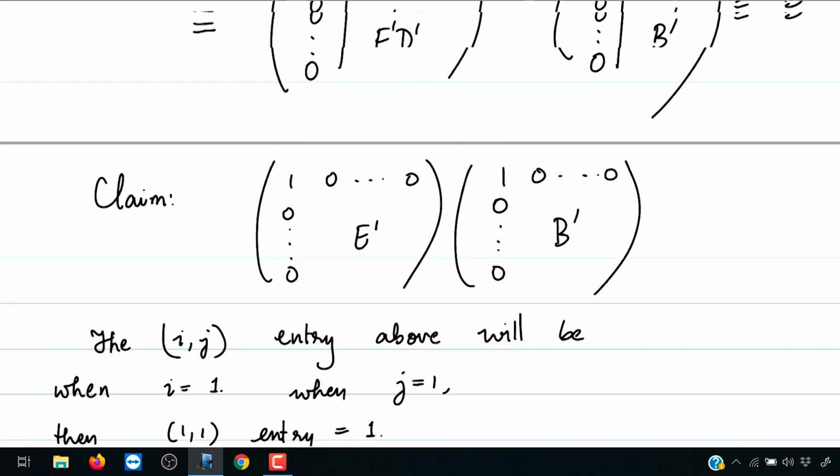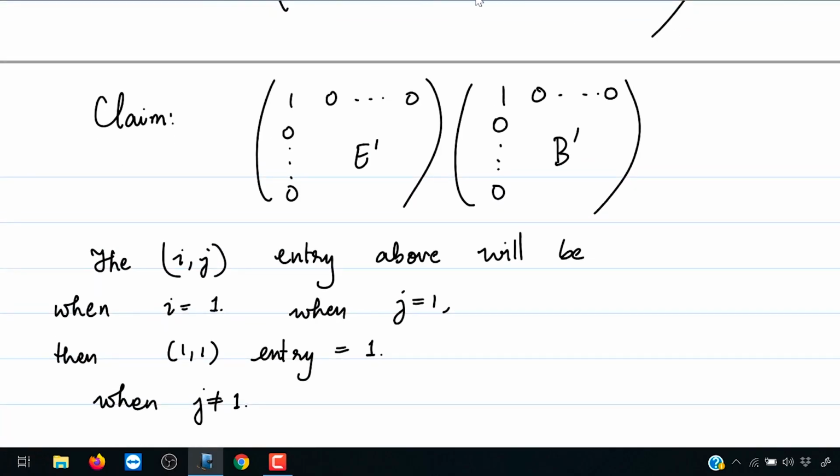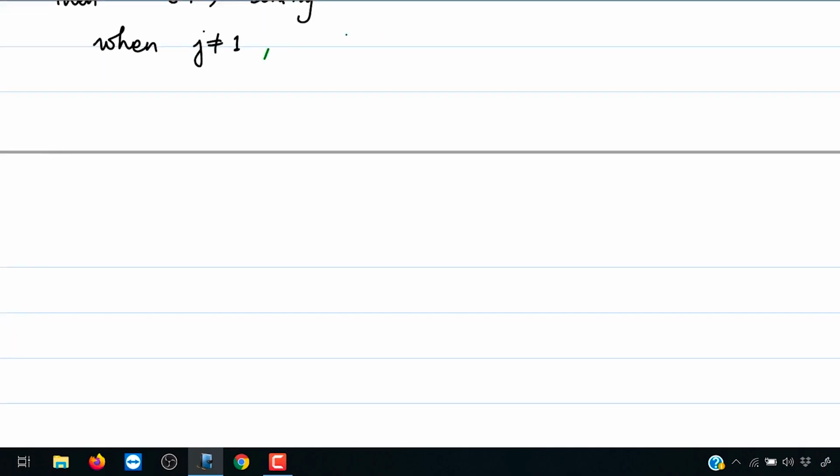We are considering some column j, and when you multiply it with the first row, the first entry in this column is 0, which gets multiplied with 1 and gives you 0, and the remaining entries are zeros, which get multiplied with the remaining entries and give back 0. So hence, when j is not equal to 1, the 1,jth entry is equal to 0.